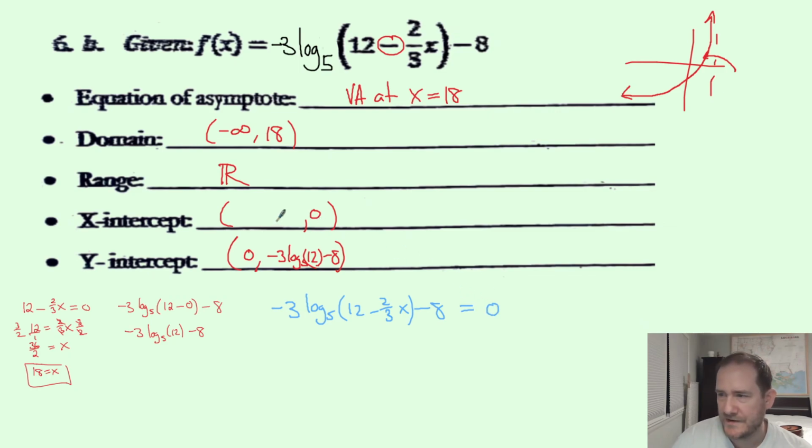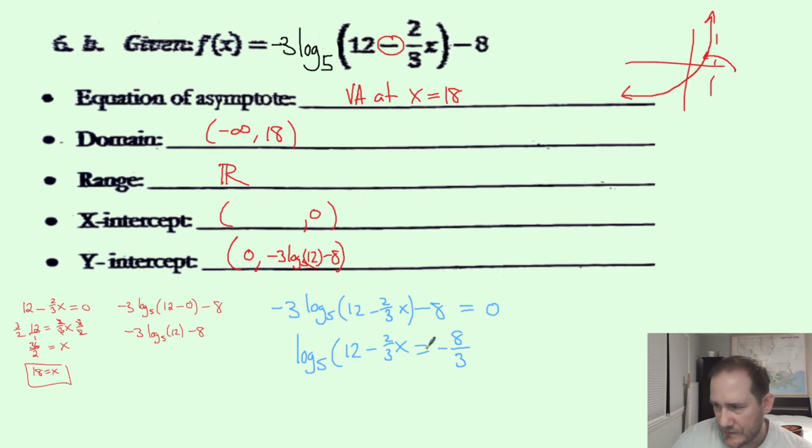That's how you'll find your x-intercept. So you're definitely gonna add the 8 and then divide by 3. That'll give you log base 5 of 12 minus 2/3 x. So it's going to be positive 8 but then divided by a -3, so it'll be -8/3.